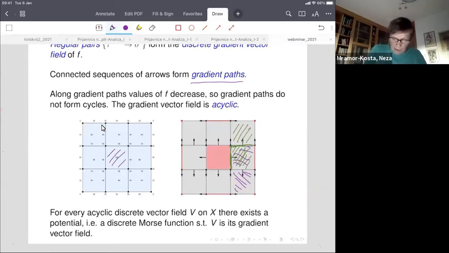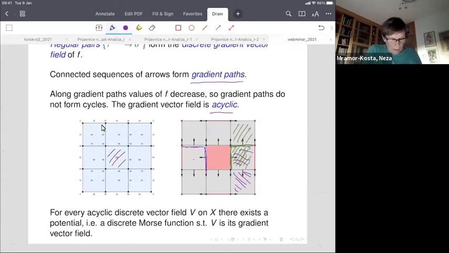If we look at this arrow, for example, we start at the edge over here, and then the function value has to go down from here to here, because this is a pair in our discrete Morse function. Then it has to go down onto this edge, because this 2 cell is already connected to the 1 cell over here. So the function value down here has to go down, and from here we have an arrow and so on. So we see that along the gradient paths, the function values decrease, which is nice because it means that the gradient paths don't form cycles. So this gradient vector field is acyclic.